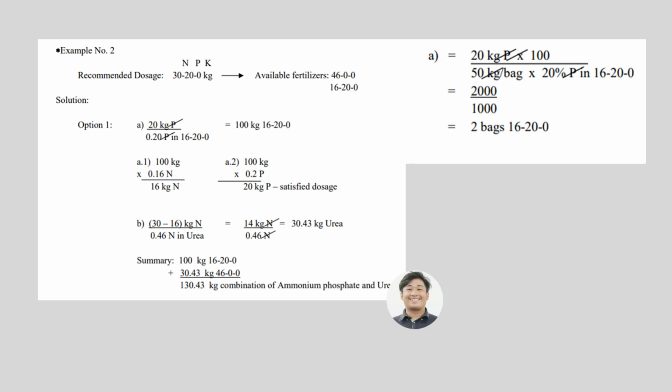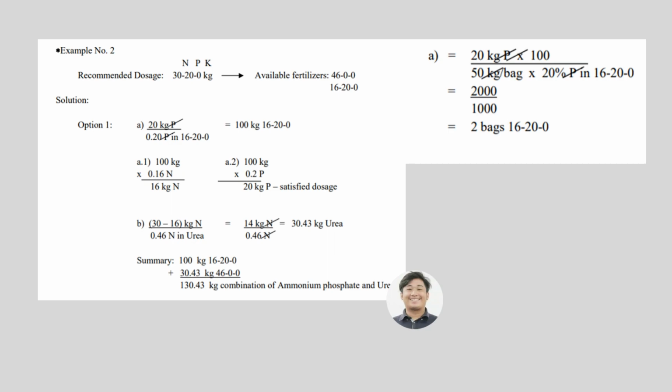So 20 divided by 0.20 is 100 kilograms of 1620. So here we have 100 kilograms times 0.16 of nitrogen in 1620. We have 16 kilograms of nitrogen. 100 kilograms times 0.20 is 20 kilograms of phosphate.